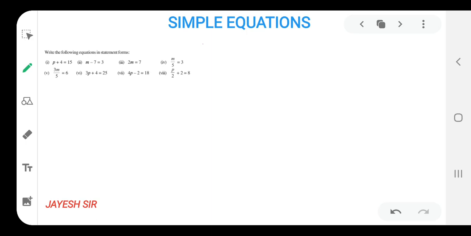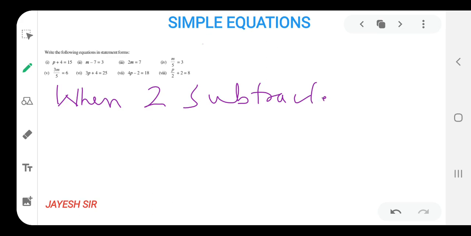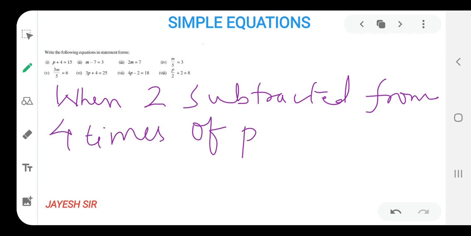Using "from" also, when 2 is subtracted from 4 times p, it gives 18. When 2 is subtracted from 4 times p, it gives 18. Yes, friends, I hope you all might be getting it.